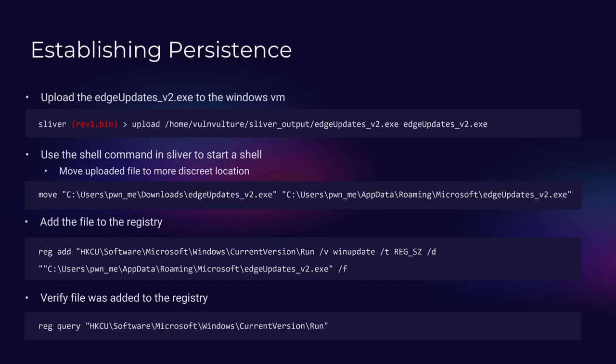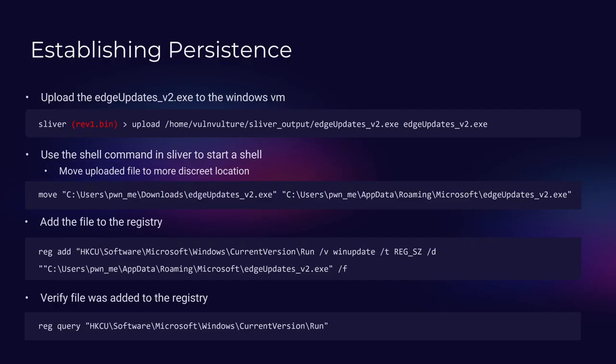When we upload the file, it's going to be placed in the Downloads folder on the target. We need to move this file to a more discreet location, so we're going to move it to the user's AppData/Roaming/Microsoft folder. Once that's done, we'll add it to the registry by using the reg add command and labeling it as WinUpdate.